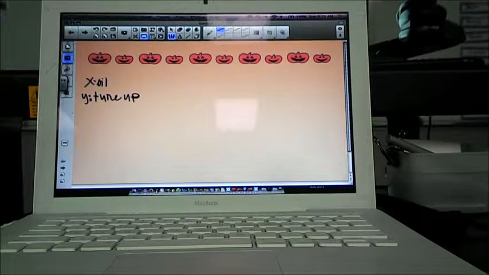So, we're going to have 30x plus 90y is less than or equal to 8,000.